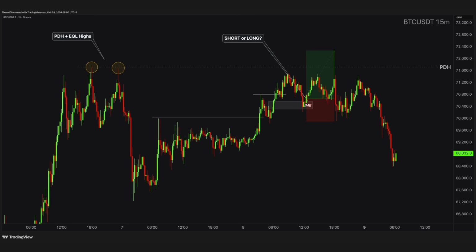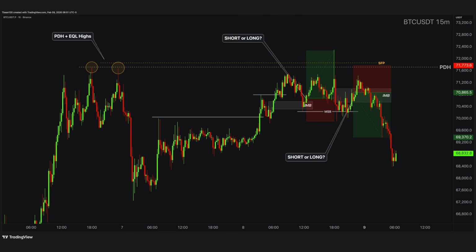But what happens next? Maybe the trend continues and the previous day's high turns into a support for even more long positions. We do not know that. But in this case, price actually rejects the previous day's high level with a swing failure pattern. Then we see the internal structure shift and start turning bearish.